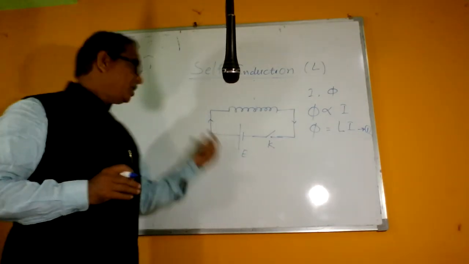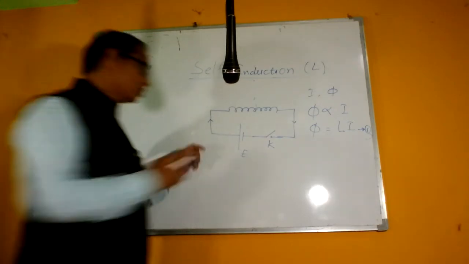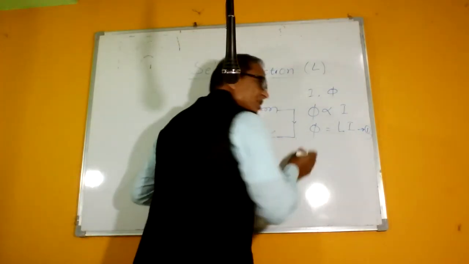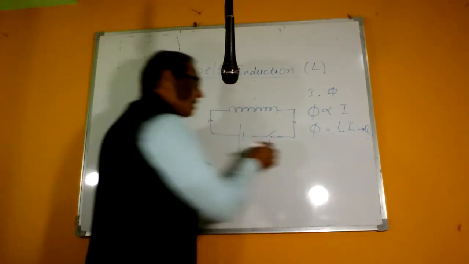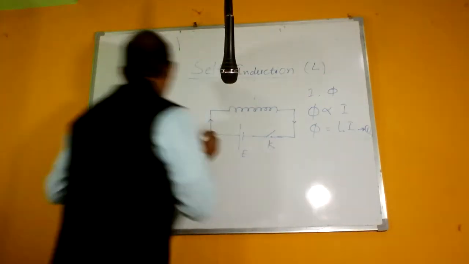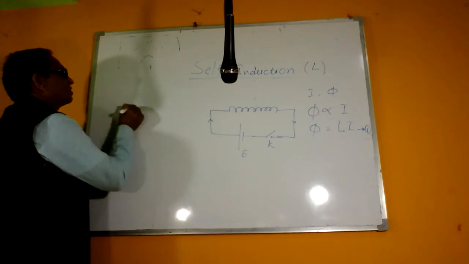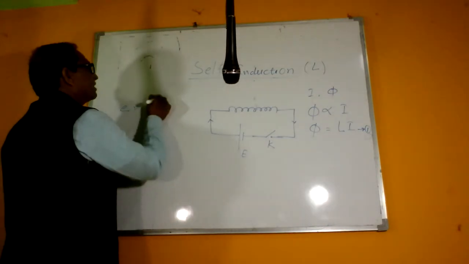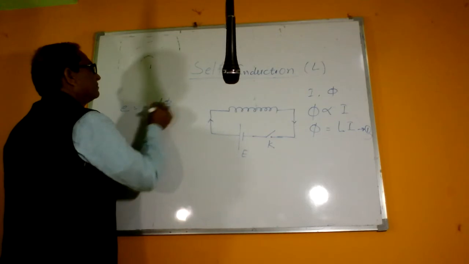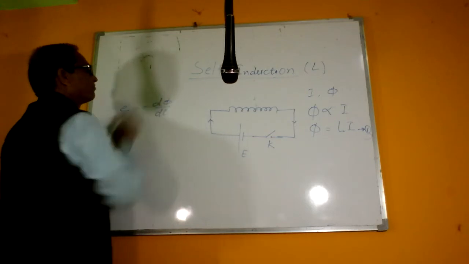As there is a change in the current, we will find changes in the magnetic flux. So, according to Lenz's law, E is equal to minus d phi by dt.